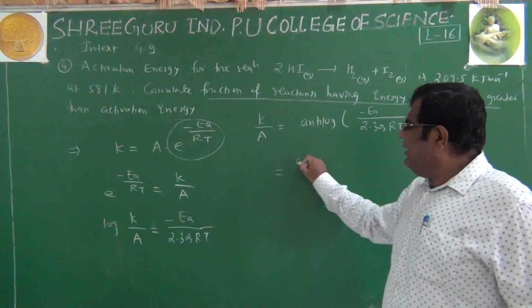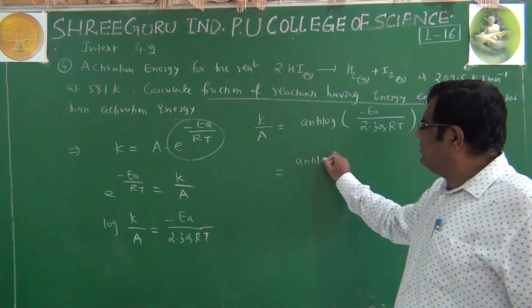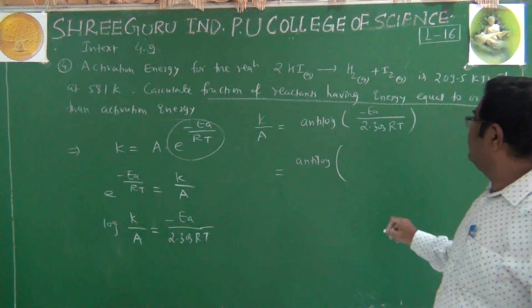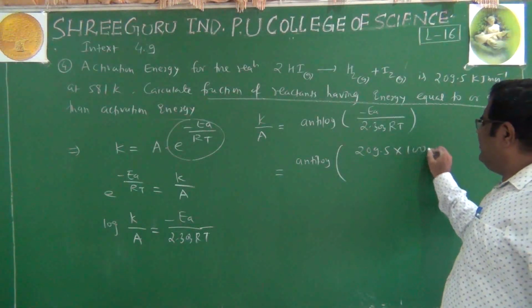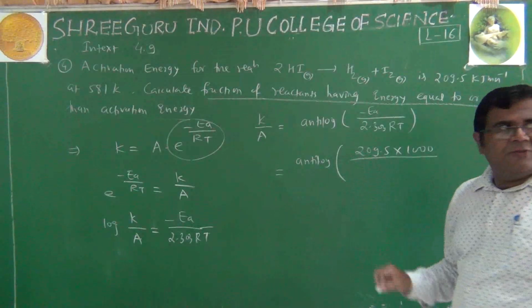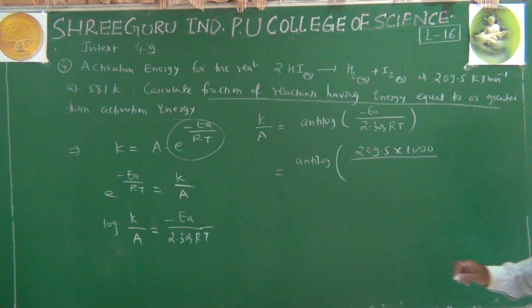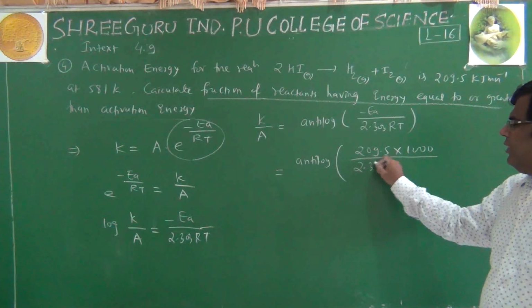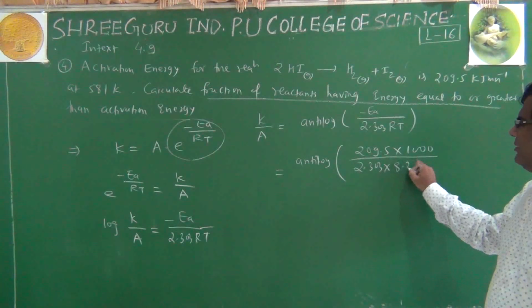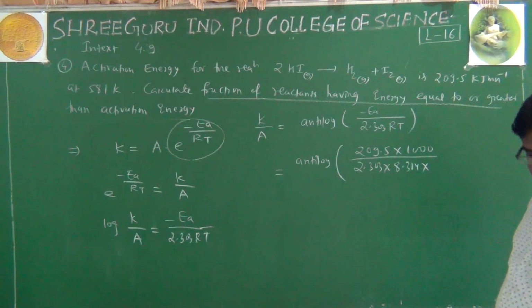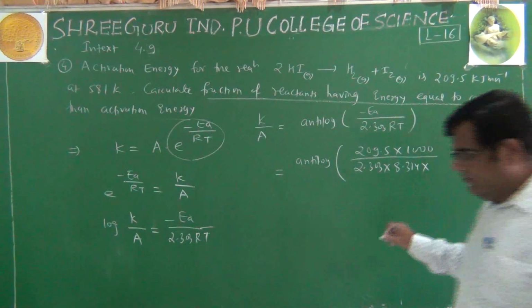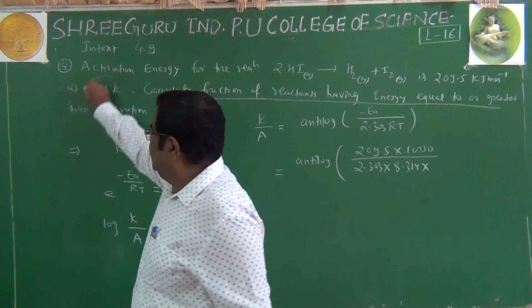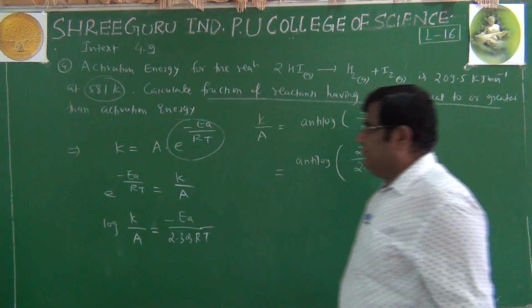Then we can write antilog of minus 209.5 multiplied by 1000, so that it becomes joules per mole, divided by 2.303, 8.314, and the temperature, 581.